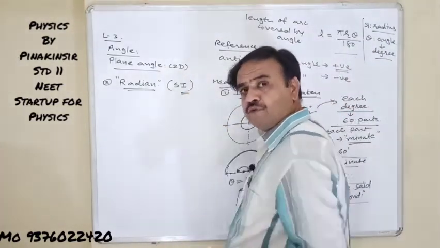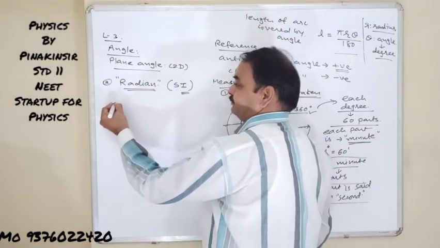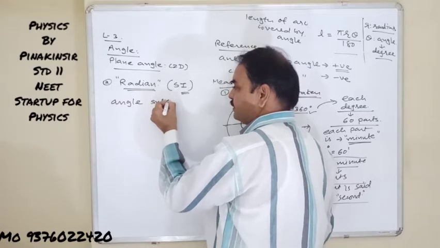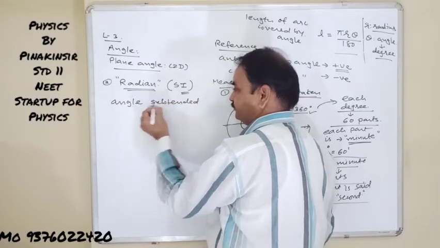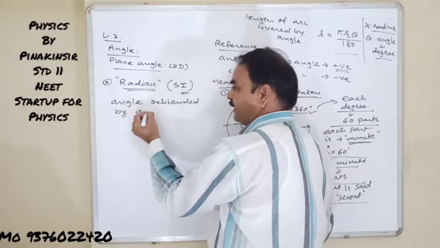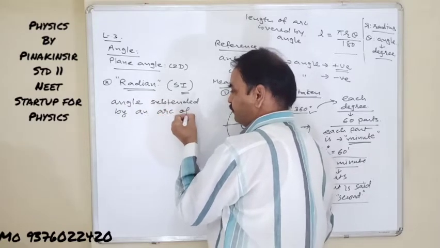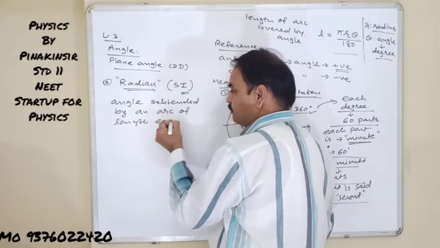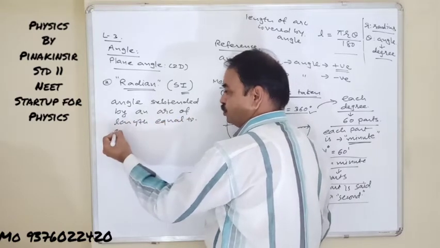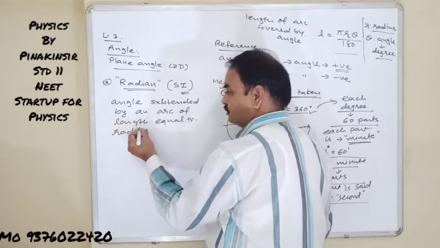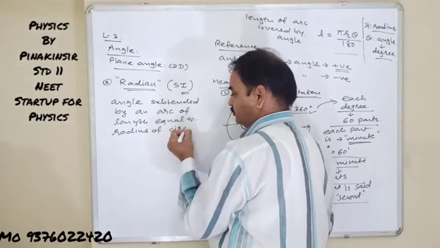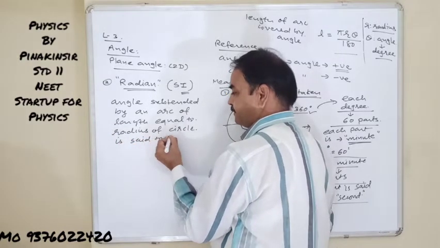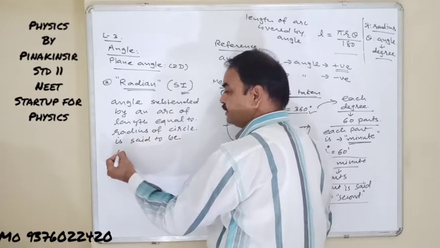Radian. Let us define what is radian. Angle subtended by an arc of length equal to the radius of the circle is said to be 1 radian.